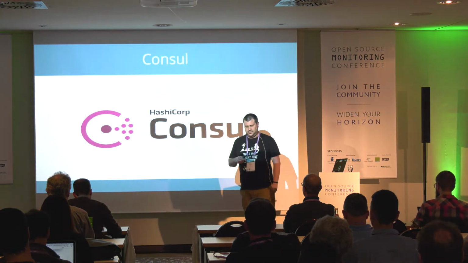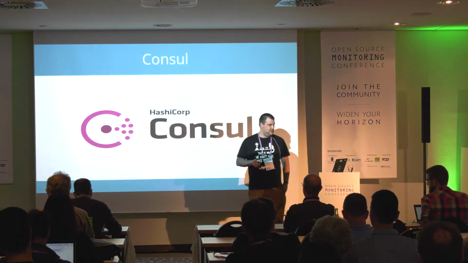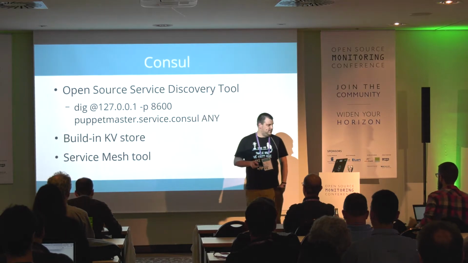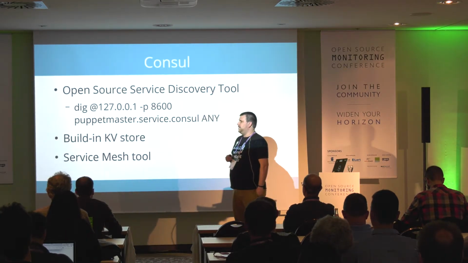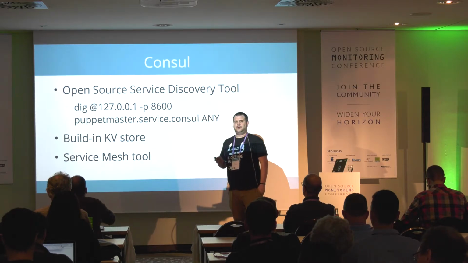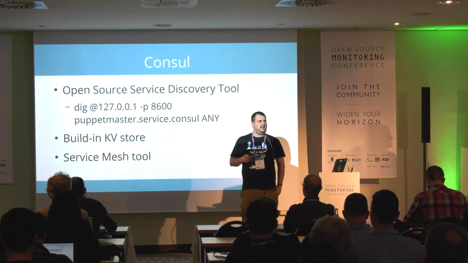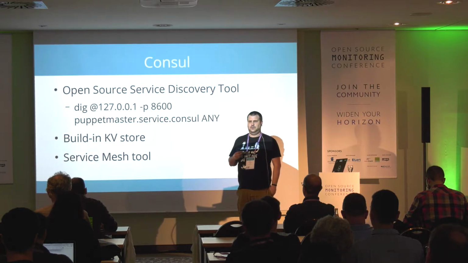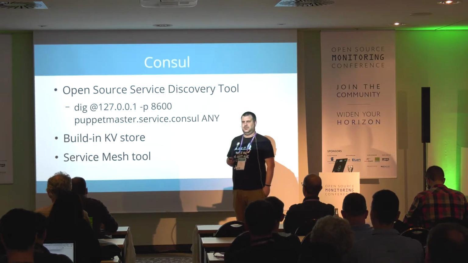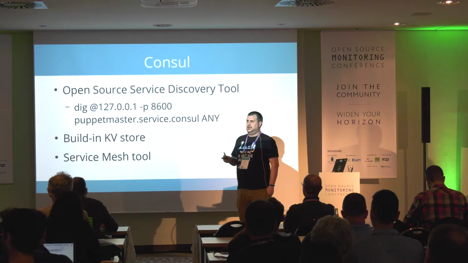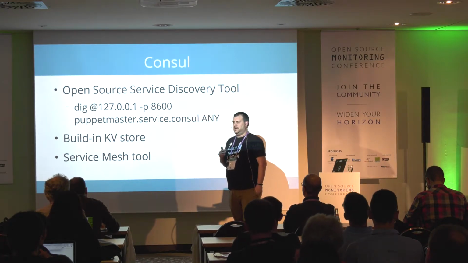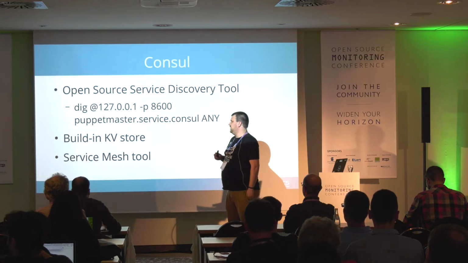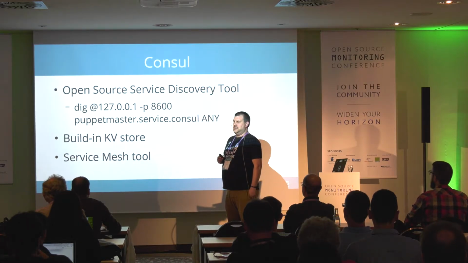So the next one, Consul, we pretty much alluded to it already, but Consul is an open source service discovery tool that most of the time will serve information as SRV records from DNS, so you can bind it into your favorite DNS server, and then based on known domains that are probably not routable in your environment, you can actually find services.